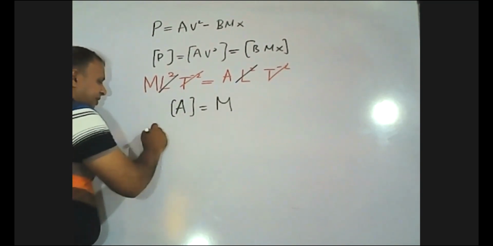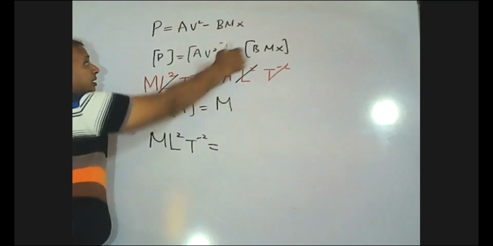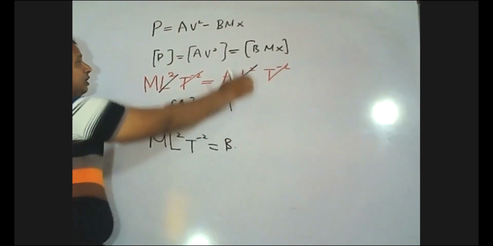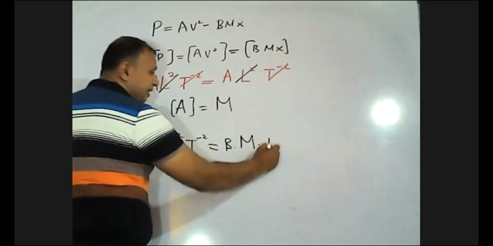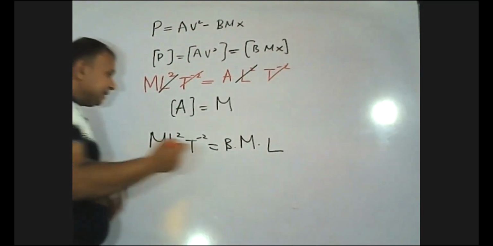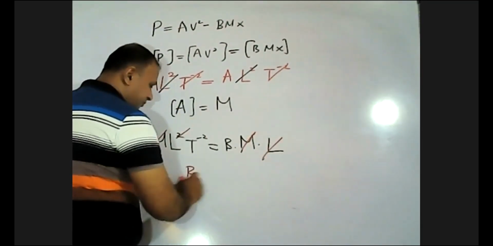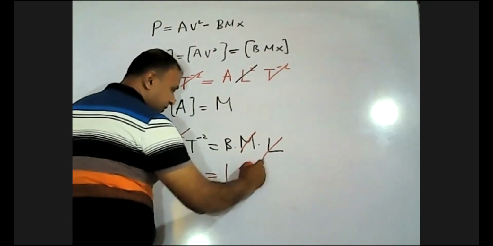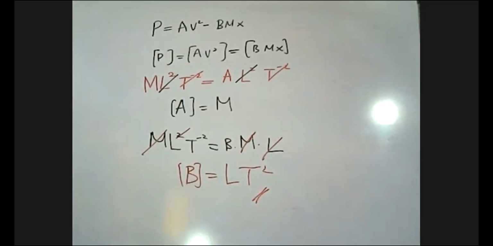Therefore, I can write P ml square T minus 2 is equal to the dimension of B into mass, M, and X means distance, L. So M to M will be cancelled out, 1 L to 1 L will be cancelled out, then B equals L T minus 2. Dimension of B equals L T minus 2. That means answer number 3.